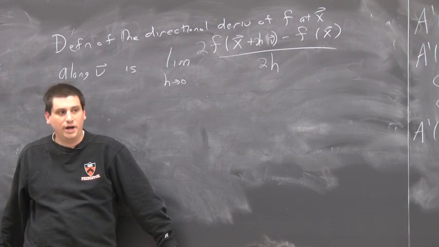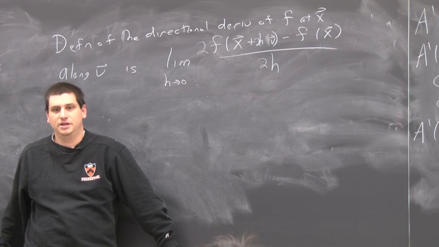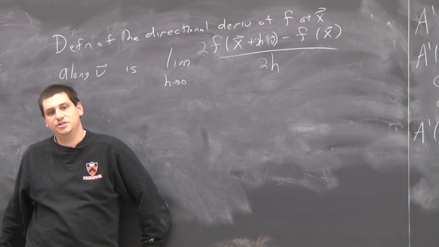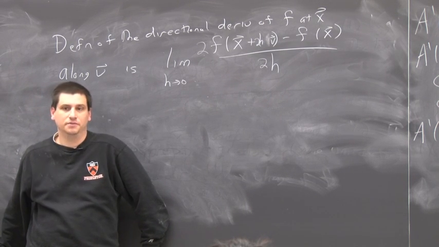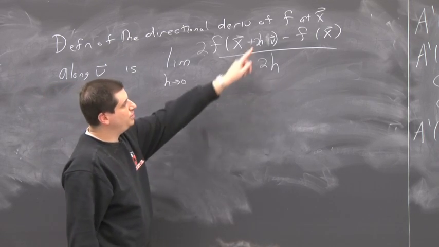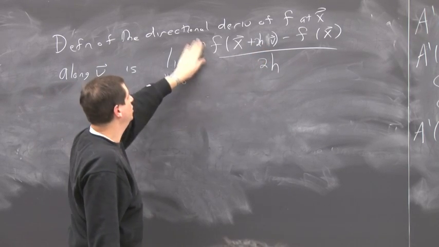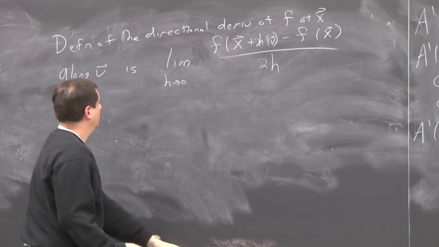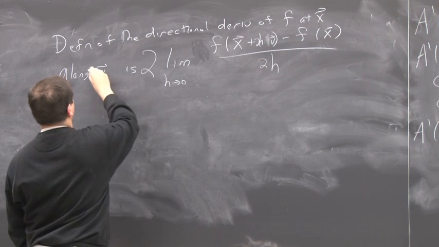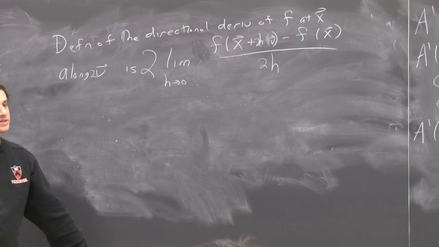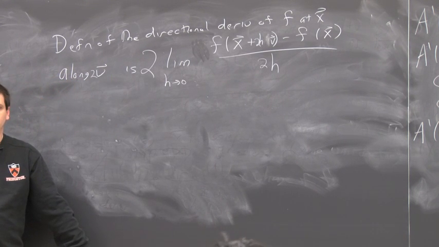Now from Calc 1, I have the correct limit. If h goes to 0, does 2h go to 0? Yeah. And so what we see is that when we multiply v by 2, it propagates. And we finally get, if it's along 2v, twice this. So the directional derivative has doubled if we change v.